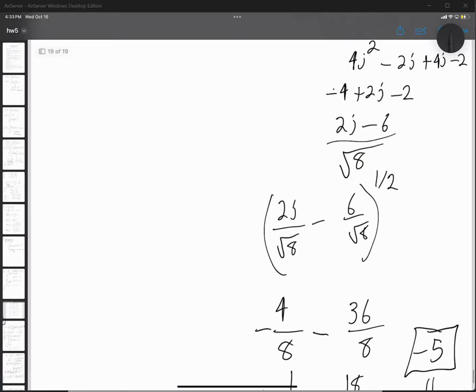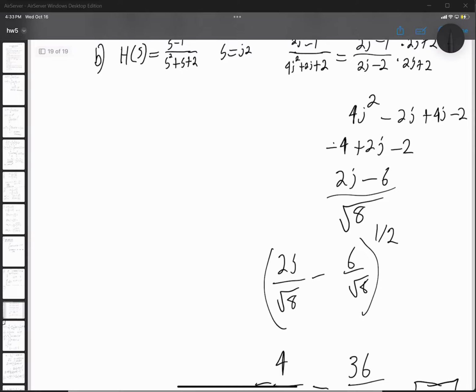I think that's right. And now let's do the phase angle. We're going to take 2 divided by negative 6, inverse tangent of this, because this is what we're looking for.